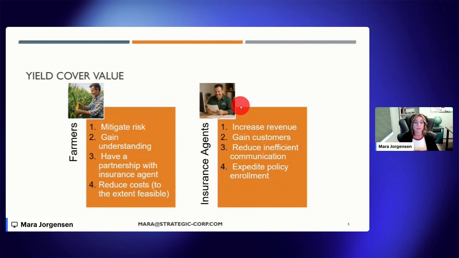And they want to expedite that policy enrollment. All of these things actually roll up to increasing revenue for the insurance agents. So expedited enrollment means more happy customers, more communication means more happy customers, and all of that leads to increased revenue for insurance agents.